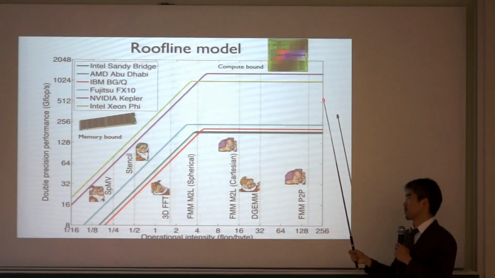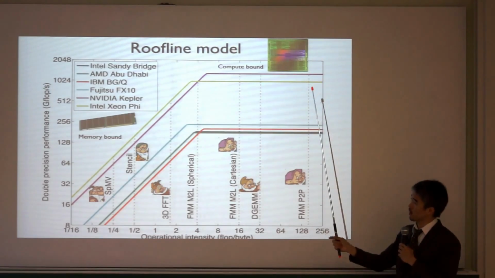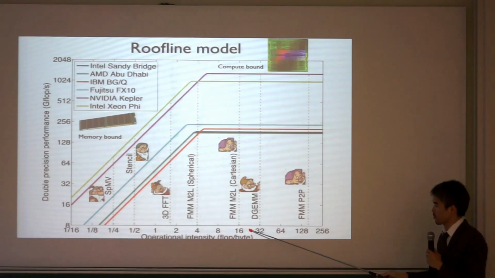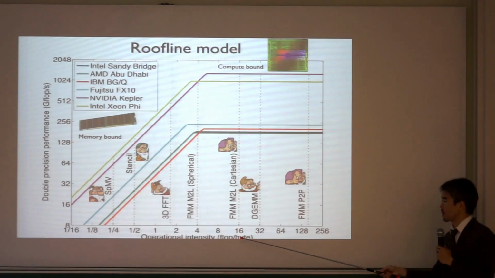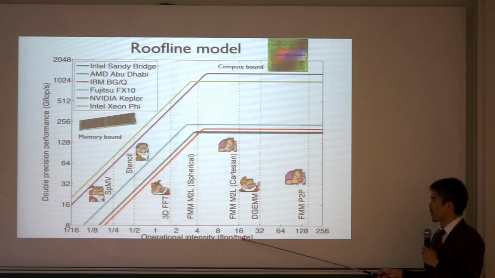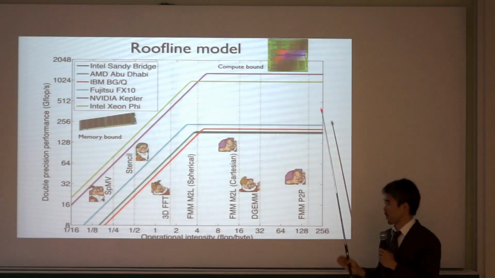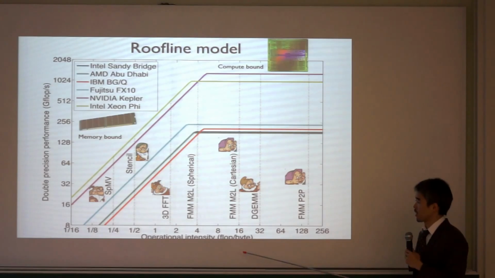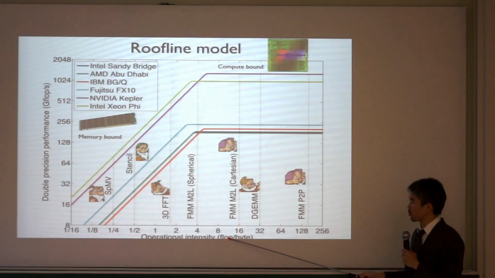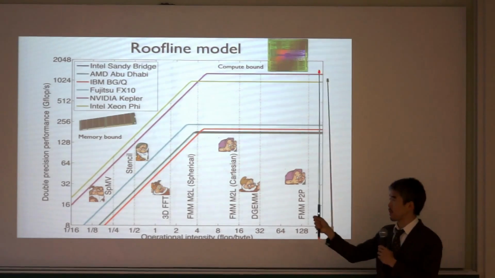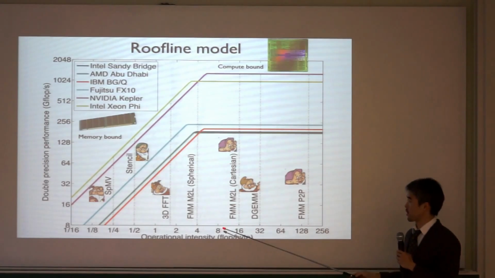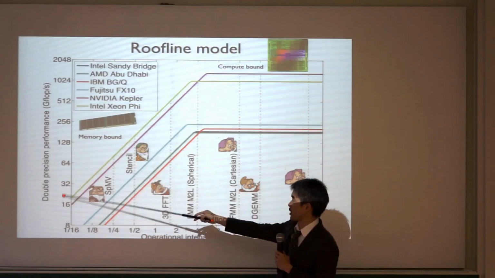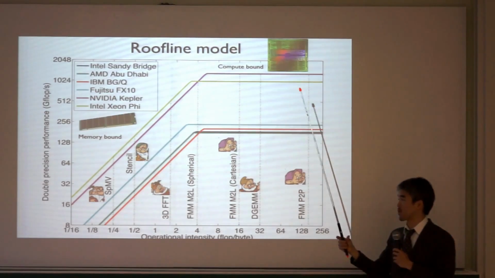It's done in a hierarchical way, and the amount of bytes it can transfer as it goes up this memory hierarchy is limited. If you do more calculations for each piece of data you've loaded, you can get more floating point operations per second out of the same chip.